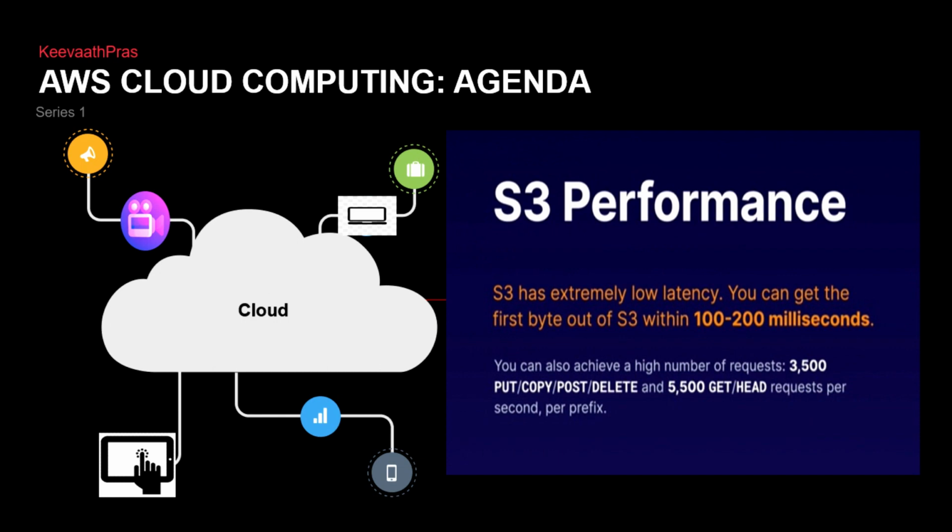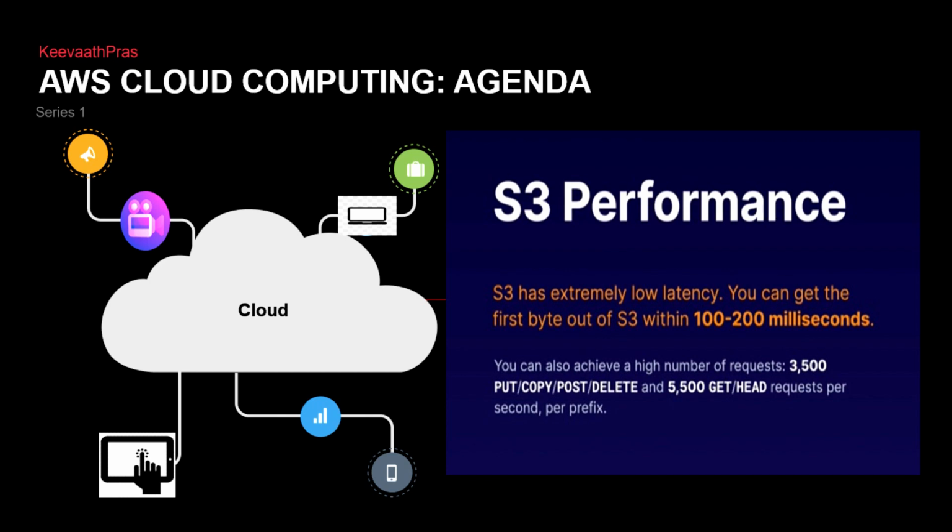We saw about the storage classes and the retrievals. S3 has extremely low latency. You can get the first byte in 100 to 200 milliseconds. Can you believe it? You can achieve a high number of requests: 3500 PUT, COPY, POST and DELETE, and 5500 GET and HEAD.